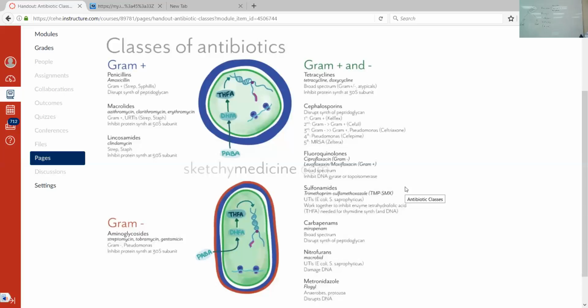There are several generations of cephalosporin that have been invented. Each one is a little more powerful. Each one has a different spectrum of activity. There has been work done to improve those.